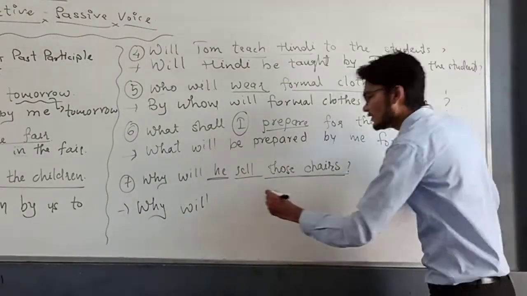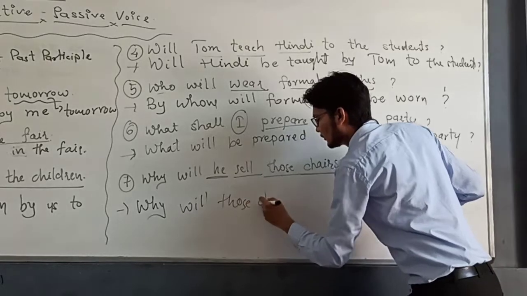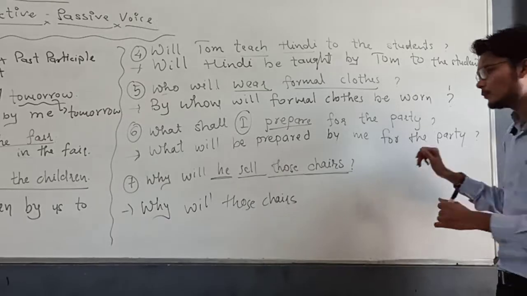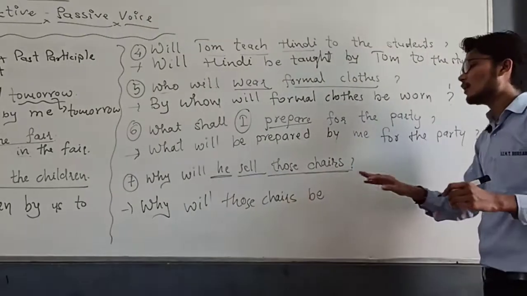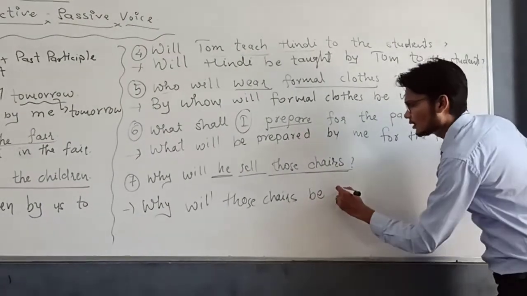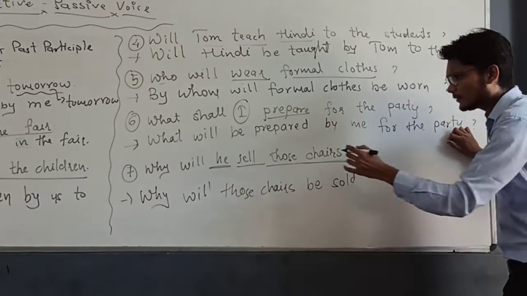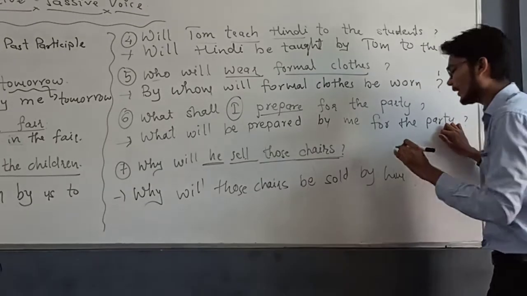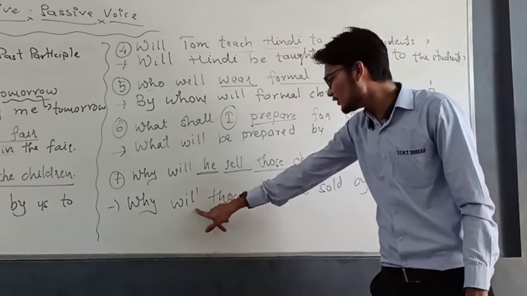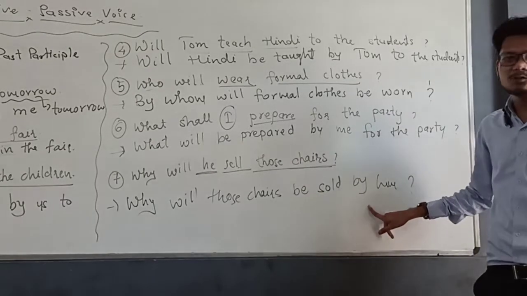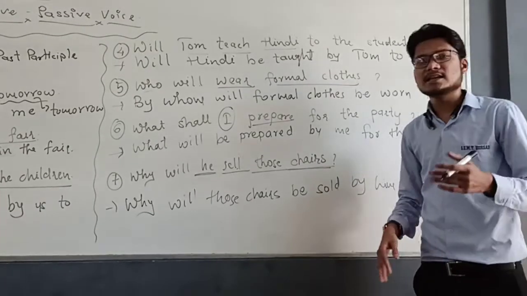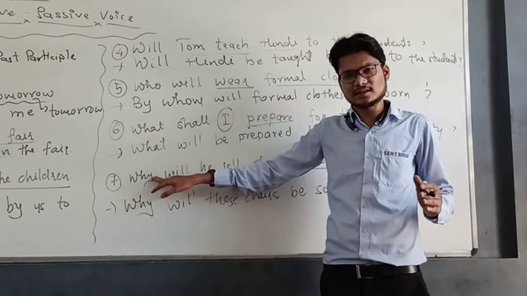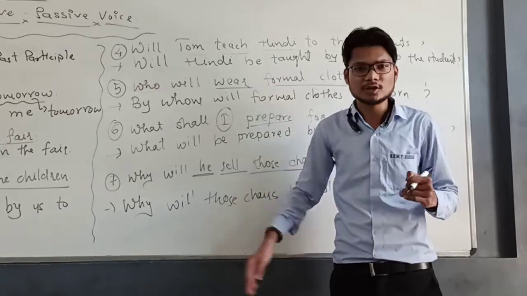Why will those chairs. After the object put "be". Why will those chairs be sold? Sold is the past participle of sell, then "by him", and at last the question mark. Why will those chairs be sold by him? And this is how you can change it if your question is starting with why, what, when, etc.